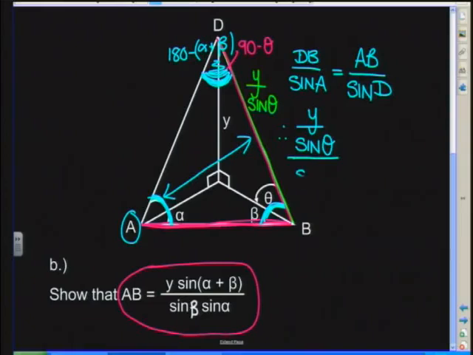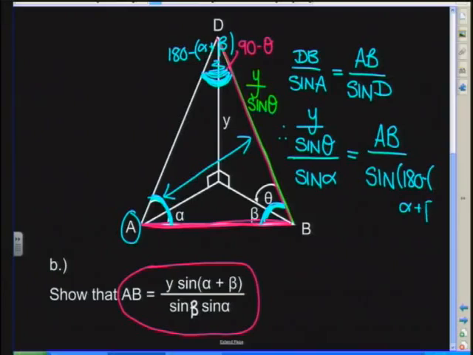And that's all over sine of angle A, which is alpha. That's equal to my length from A to B, which is what we're trying to find, over sine of angle D. And angle D, I'm going to write it underneath here, is 180 minus alpha plus beta.